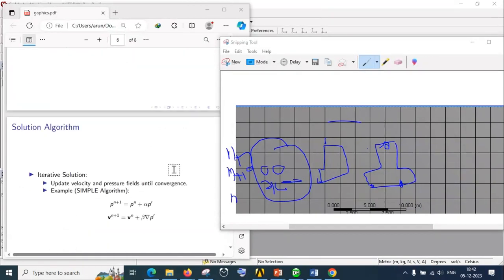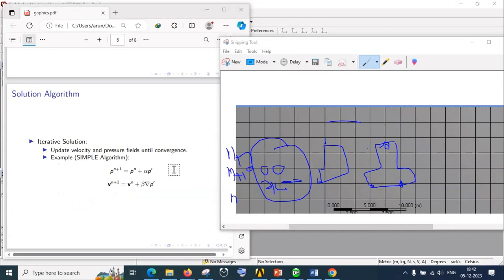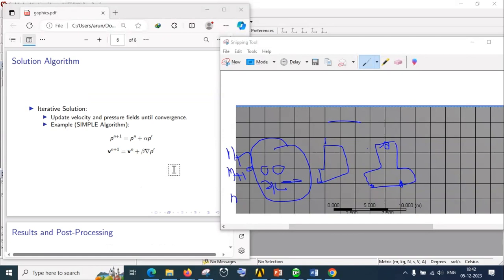To perform these schemes we use a solution algorithm. In many other software we generally use a high-level coding language like Python, but in Ansys Workbench we have a predefined solver, so there is no need for coding.